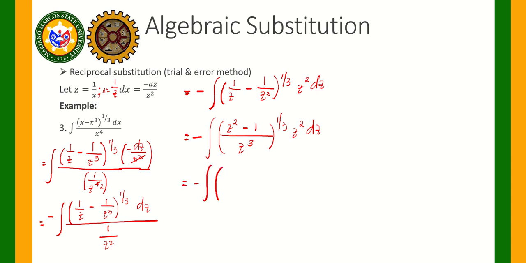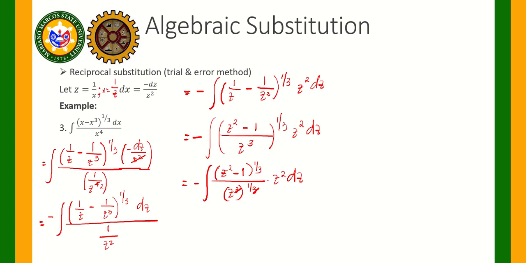Okay, so rules of exponent, pwede nating i-distribute sa numerator and denominator separately. So, this is equal to z squared minus 1 raised to 1/3 all over z cube raised to 1/3 times z squared dz. Okay, so this will cancel.